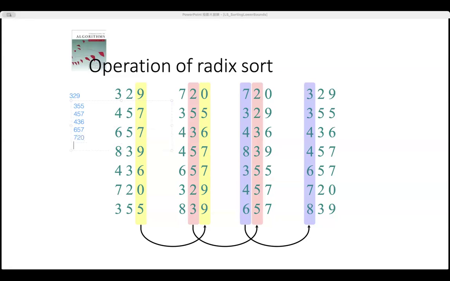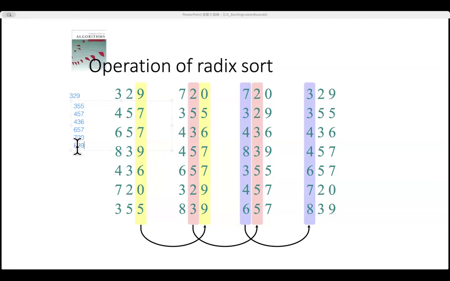And the last one is like 839. Right? So we are sorted, right? I mean, the first digit has been sorted. Is that correct?